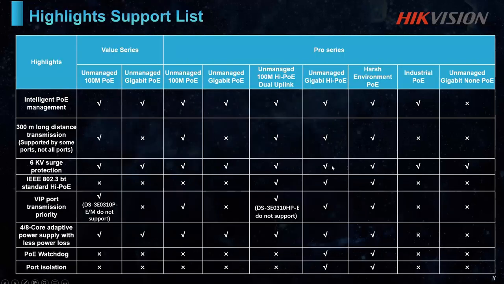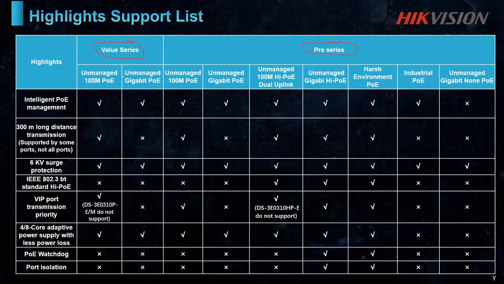And finally, we are coming to a comparison of all the features that we talked about. You can see on the left side the intelligent PoE management, 300-meter long distance, 6 kV surge protection, IEEE high PoE power standard, VIP port transmission priority, and also 4 cores to 8 cores power supply delivery, PoE watchdog, and port isolation. So if you can see here, we have put our series. You can see value series in the distribution and the pro series.